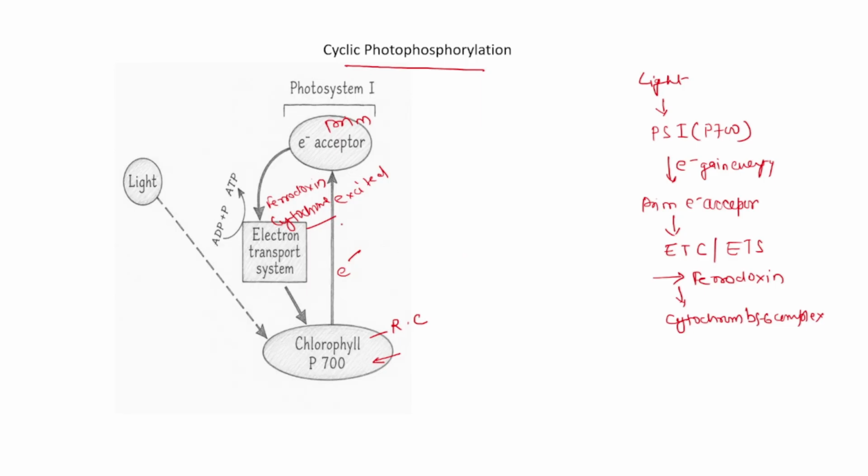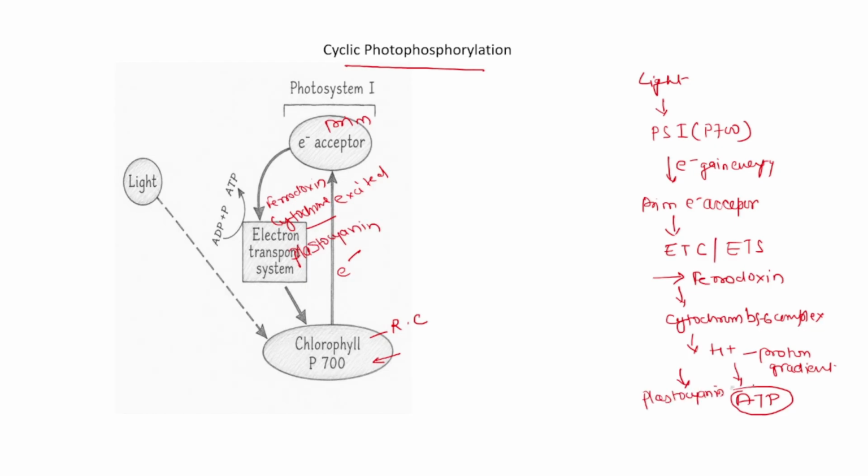While passing through cytochrome, electron loses some energy, and this energy is used by cytochrome to pump the protons to form the proton gradient to synthesize ATP. Then from cytochrome, electron goes to third carrier, that is plastocyanin.